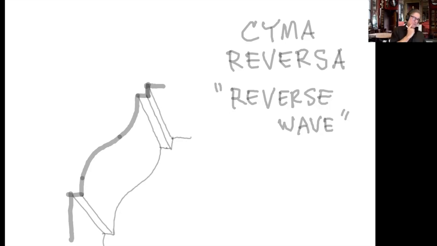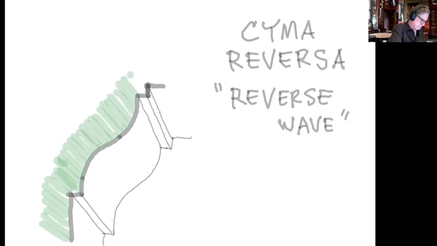And often surrounded by fillets, like we see there. And we can shade the solid portion. That's the cyma reversa.